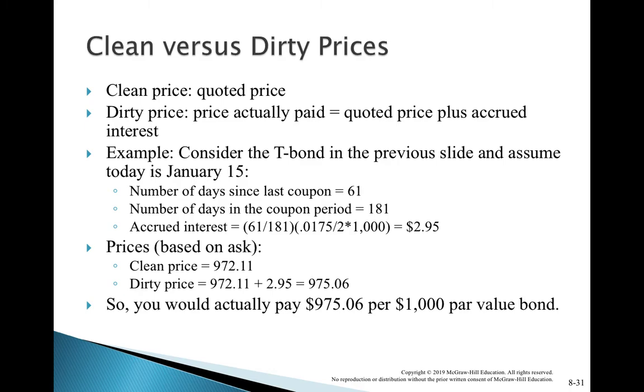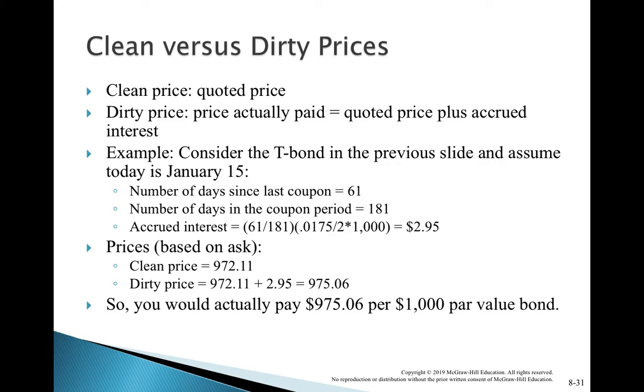It will be calculated as 61 days divided by the days in the coupon period, from 15th May to 15th June, 15th July, 15th August. From the last coupon payment, the total 6 months is 181 days.